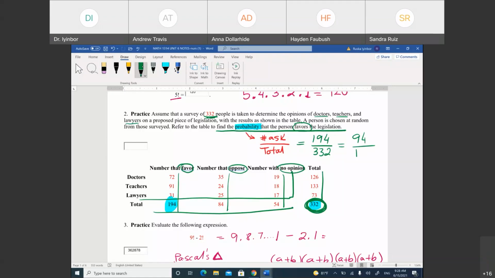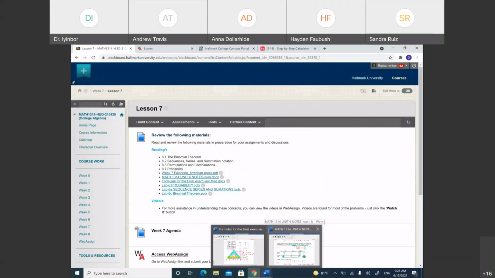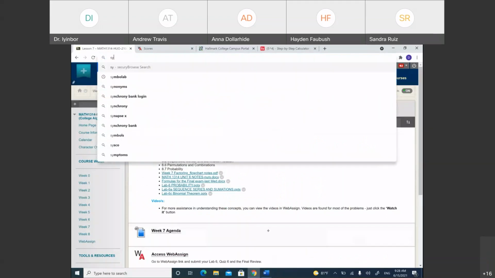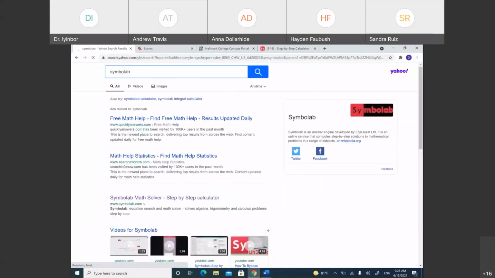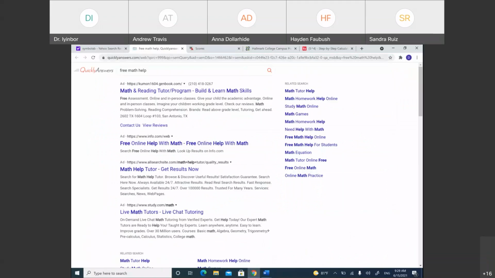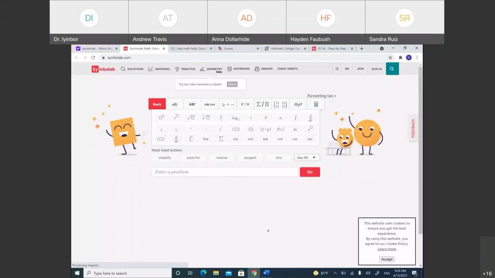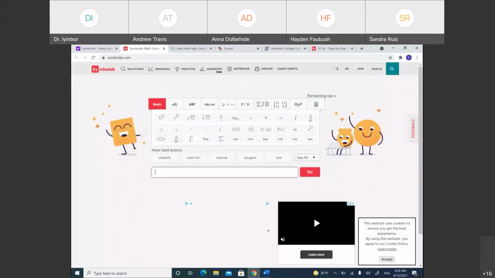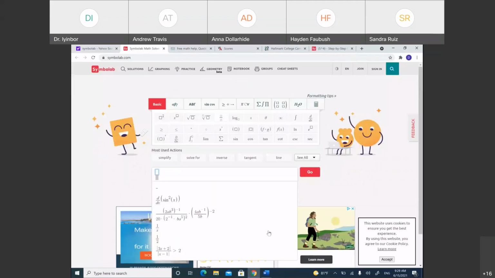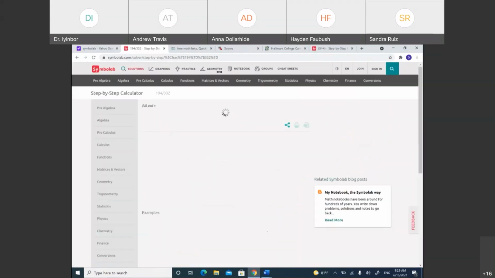You know what? Let's do that. I'm going to use the Symbolab app to simplify. You can do it like this: you can simplify, go to fraction, 194 over 332, and it's going to simplify it for you.